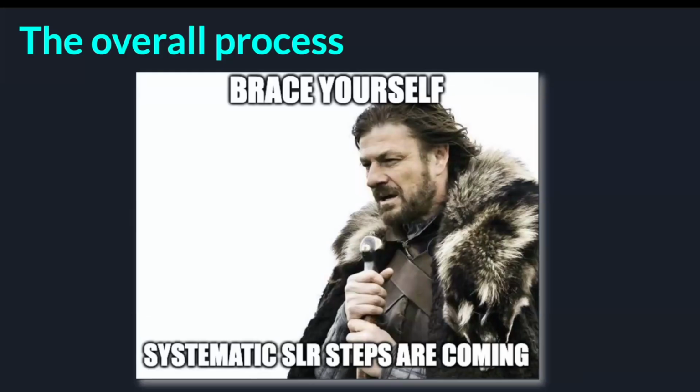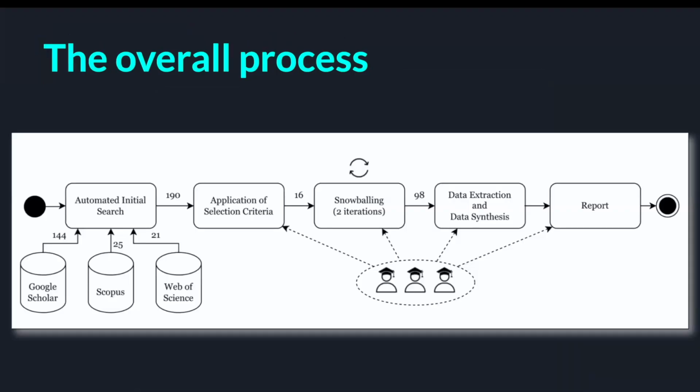And now we start with the different steps which characterize a systematic literature review. This is more or less the overall process. Again, not overcomplicated, just simple and neatly designed rules. So you start with an automated initial search, which you do on a search engine, such as, for example, I guess everybody knows Google Scholar or Scopus or Web of Science or so.